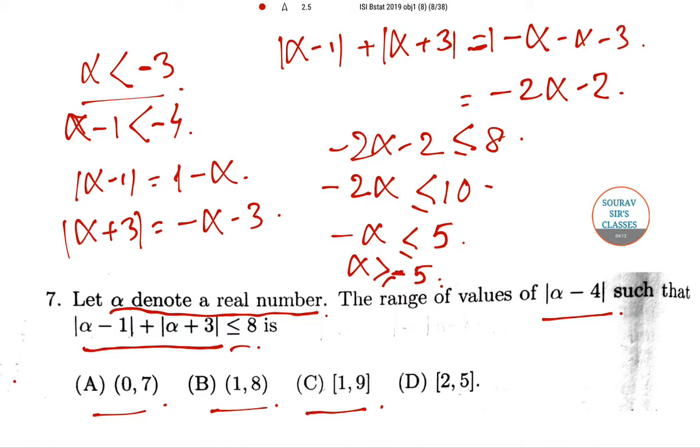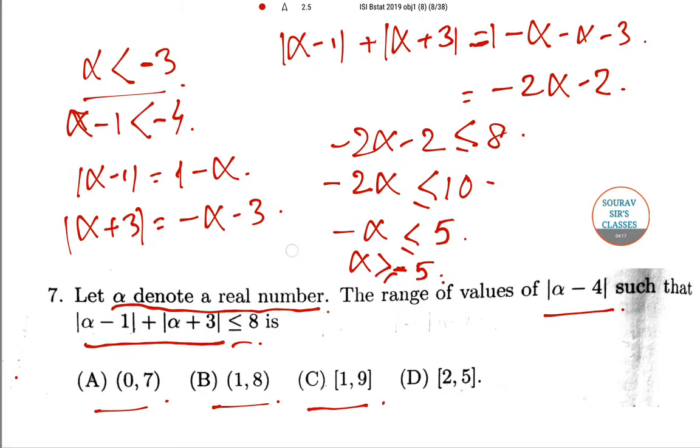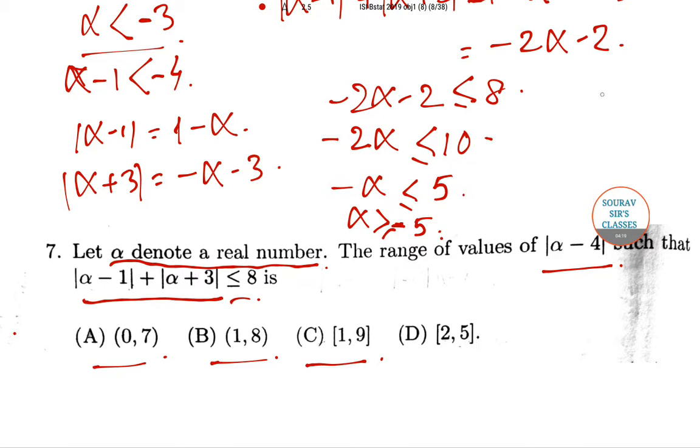So here alpha will be minus 5 to minus 3. So alpha minus 4 will be minus 9 to minus 7.